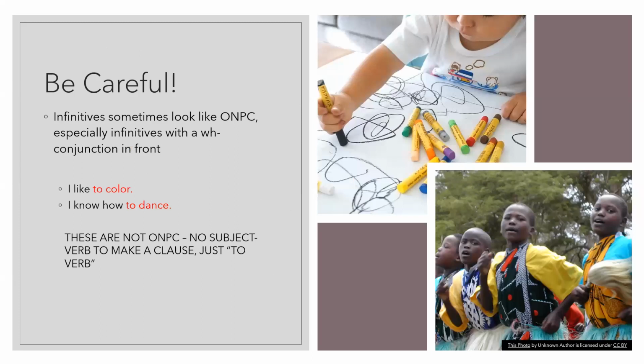All right. Now, one of the ways you can get yourself messed up when you're looking for complex syntax is when you see an infinitive verb like to color or to dance. There's no subject or verb in the to color, right?